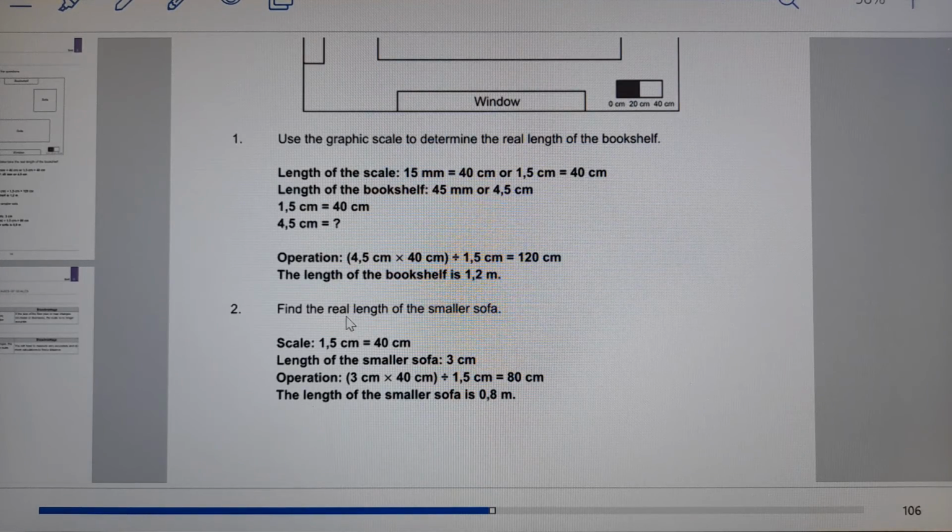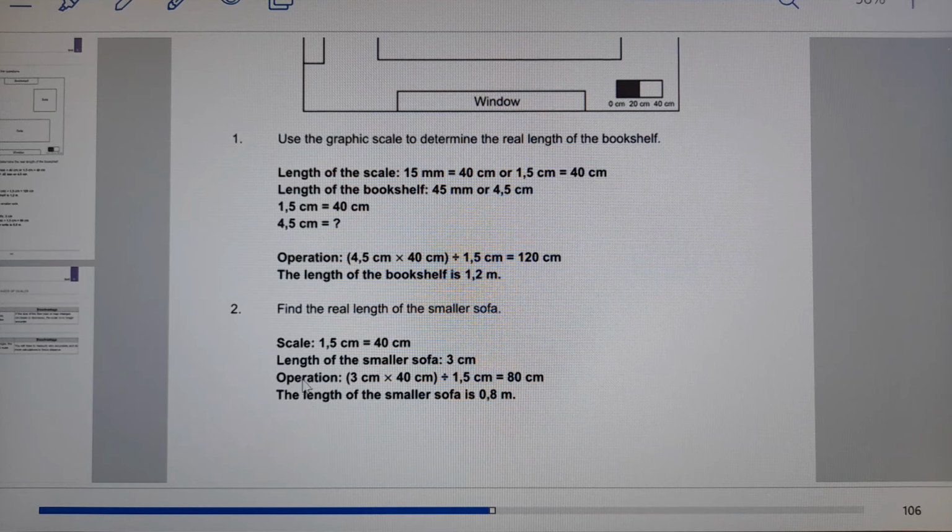They say find the real length of the smaller sofa. They gave us the scale, it's 1.5 is to 40. We know this is the real scale, this is the map scale. And they say the length of the smaller sofa is 3 centimeters. This is being measured.